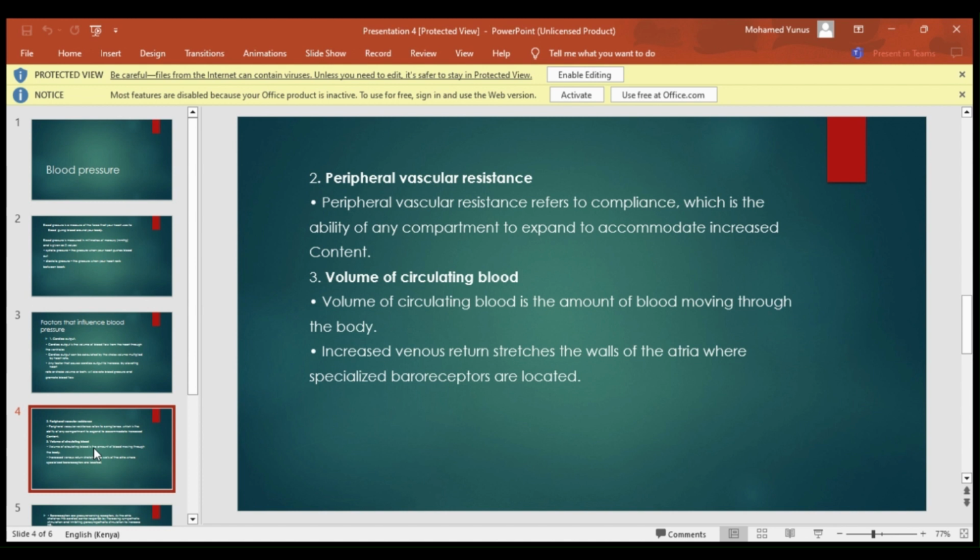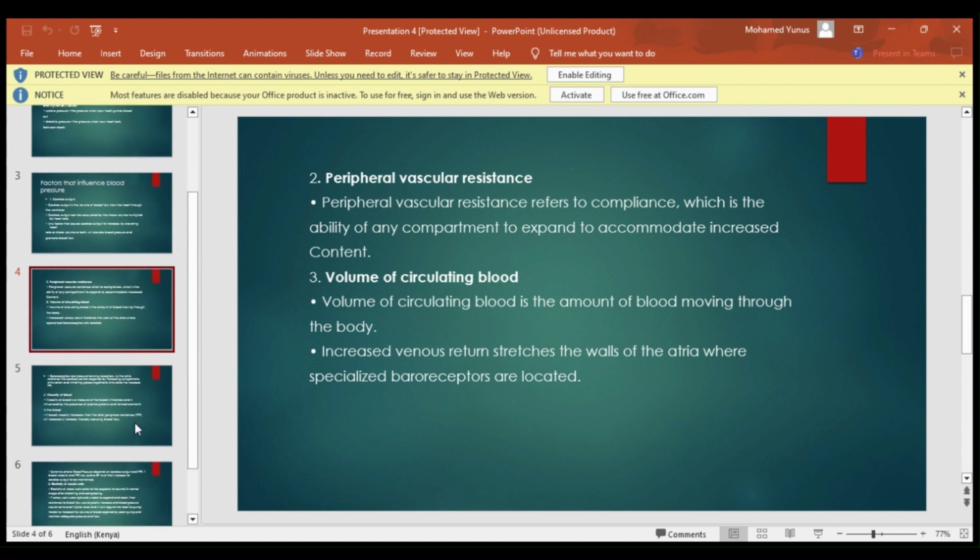Another factor affecting blood pressure is the volume of circulating blood. There's a time the volume of the blood might be high, and a time it might be low. The volume of circulating blood is the amount of blood moving through the body, and increased venous return stretches the walls of the atria, where specialized baroreceptors are located.